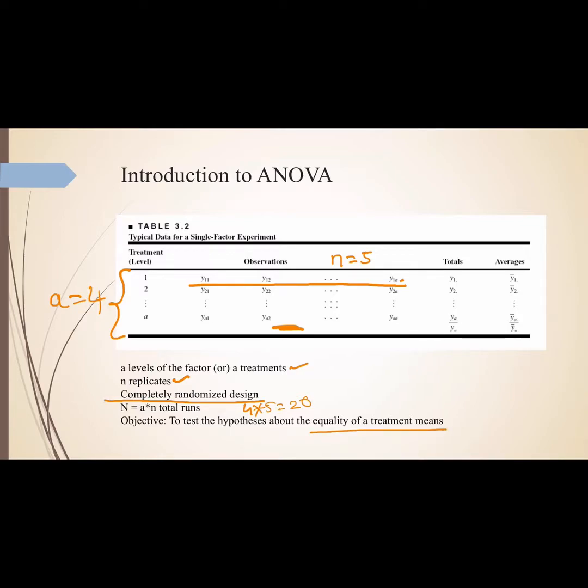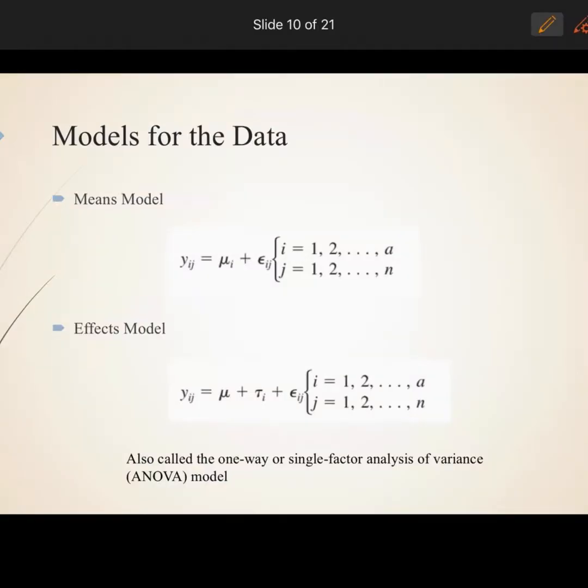That is, if a given power setting has no effect on the etch rate, then it shouldn't matter whether we set our machine at 160, 180 or 200. We should be getting the same mean etch rate at each of the power settings. So that would be the null hypothesis, that there is no difference in the treatment means at any of the power settings. Now let's look at some of the data models for ANOVA.